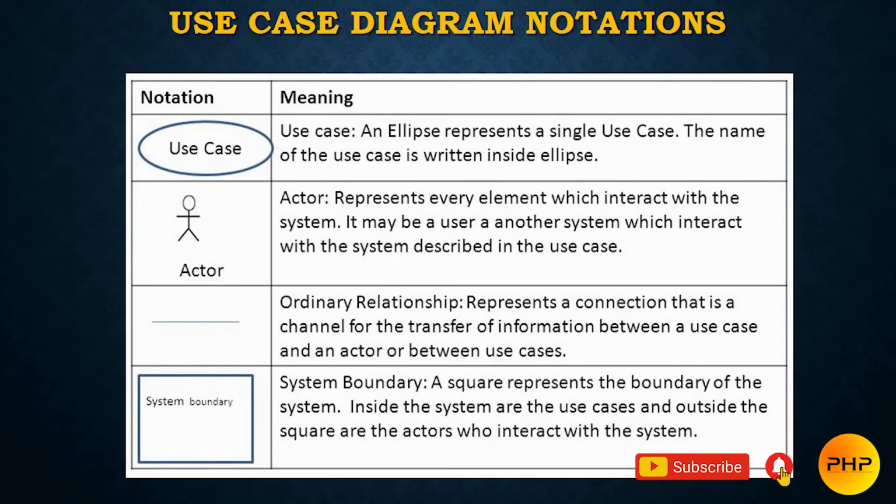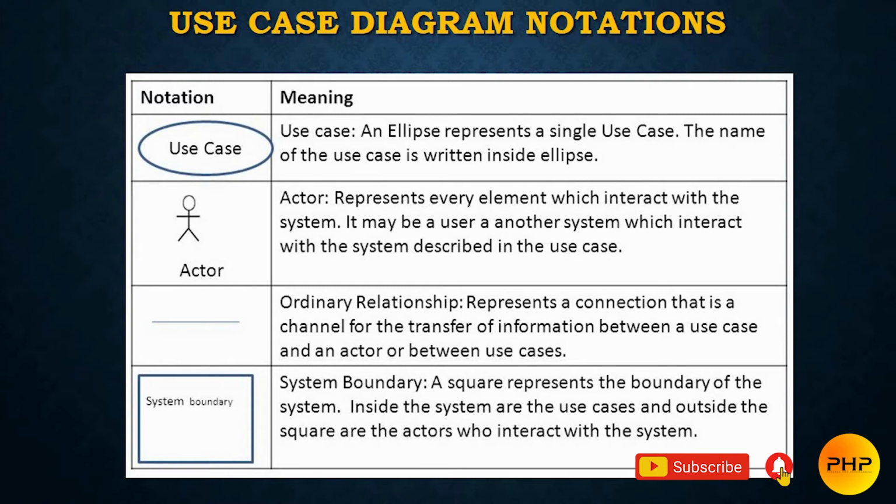So let's see the use case diagram. These are the notations for the basic diagram. For the purpose of this presentation, I will take you through how to prepare the context diagram and the use case diagram. The flowchart diagram will be in the next video.